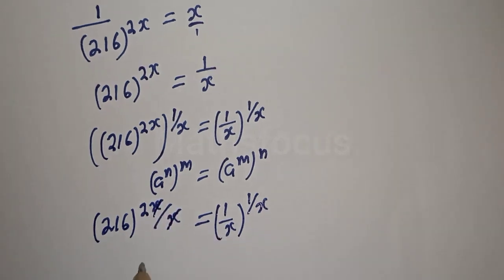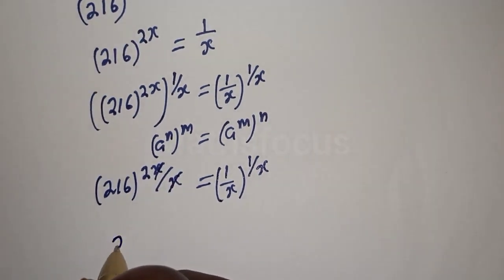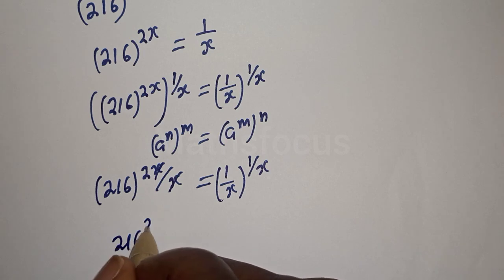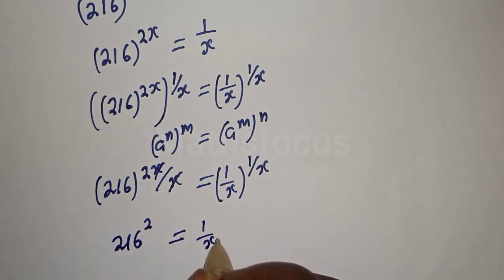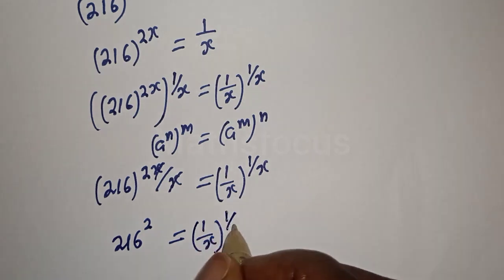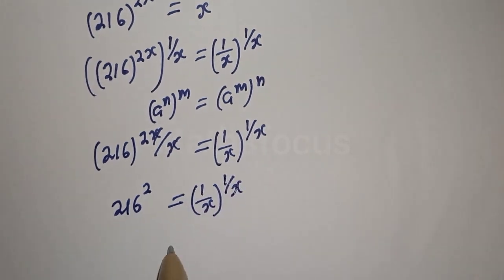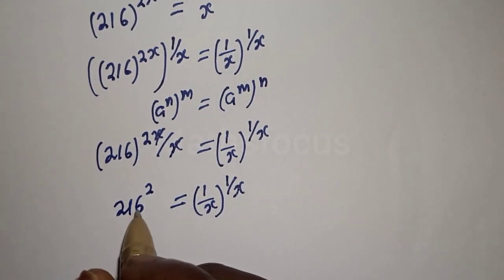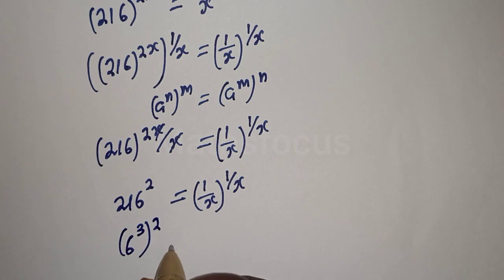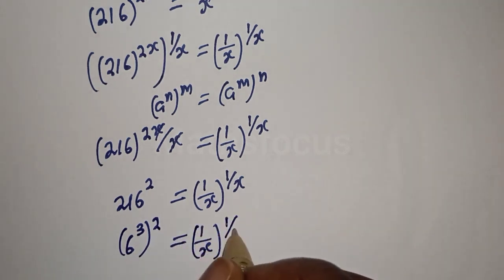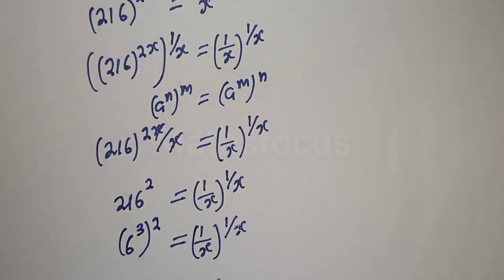This will cancel this. Here is 216 square is equal to 1 over x raised to power 1 over x. But 216 is the same thing as 6 raised to power 3 square is equal to 1 over s to the power of 1 over x.